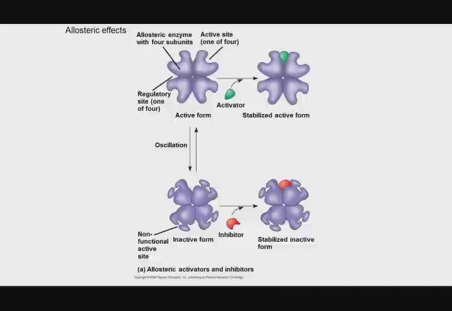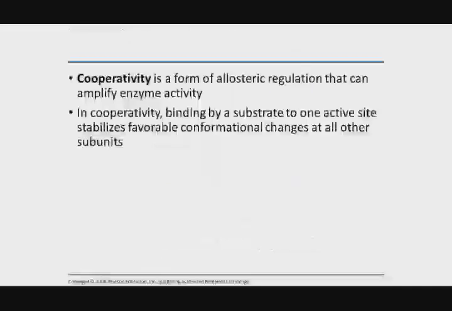But you can see without the activator or the inhibitor there, you have this vacillation, this oscillation, this equilibrium between functional and non-functional states. And that is how this particular protein was built, such that activators and inhibitors can be used to control its function. Now, the other way to consider controlling the activity of an enzyme is cooperativity.